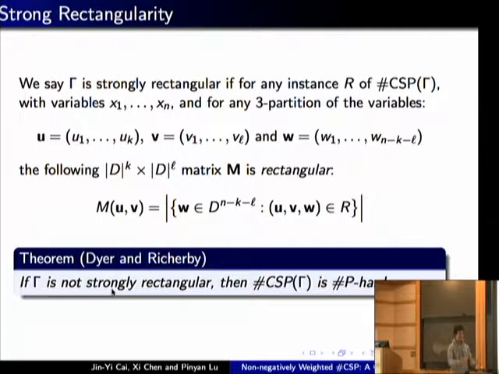Then you try to partition the variables into 3 parts. You define a matrix whose rows are the assignments of the first part, and the columns are the assignments of the second part. And you count the number of the third part assignments that can satisfy the whole assignment. So this way you get a matrix.